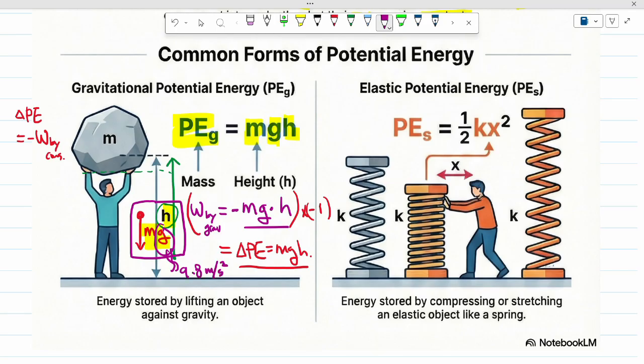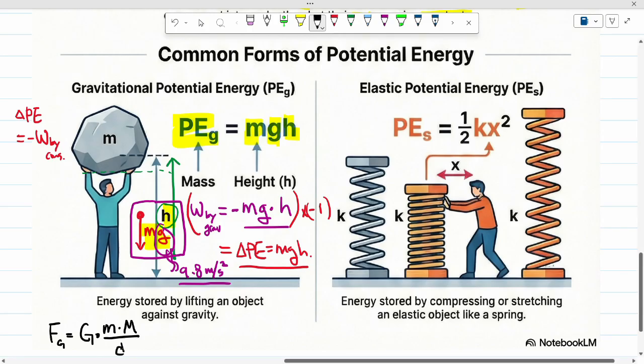If you are dealing with orbital mechanics where things might be moving great distances, then you would have to basically rederive the formula using the universal law of gravitation, which says, let me write down as a reminder, the universal gravitational constant times the product of the masses, small m and big M, big M would be like the mass of the Earth, divided by the distance squared. That's the inverse square law of universal gravitation.